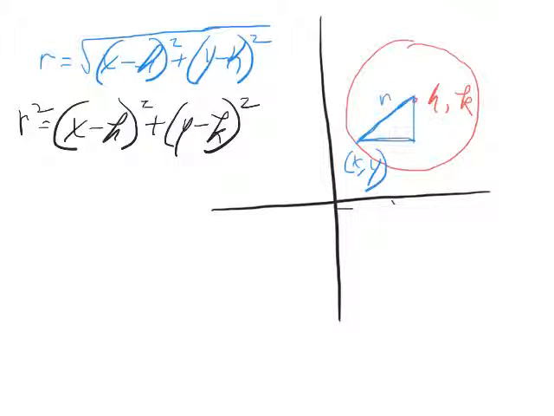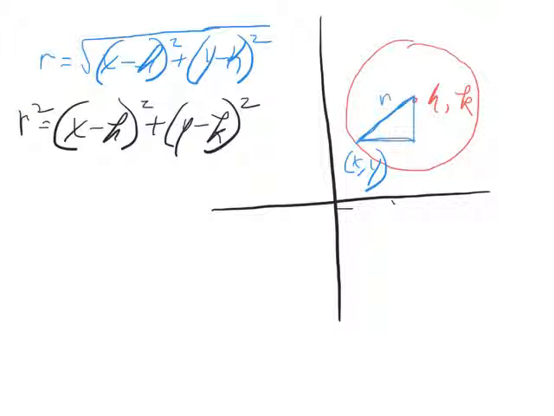The only difference between the blue equation here and this black one here is we took the square root of both sides up here. So the 2 disappeared and a square root sign appeared above the right hand side. So when you're graphing a circle and you have to get it in this form, you know that your radius is going to be the square root of whatever that is.